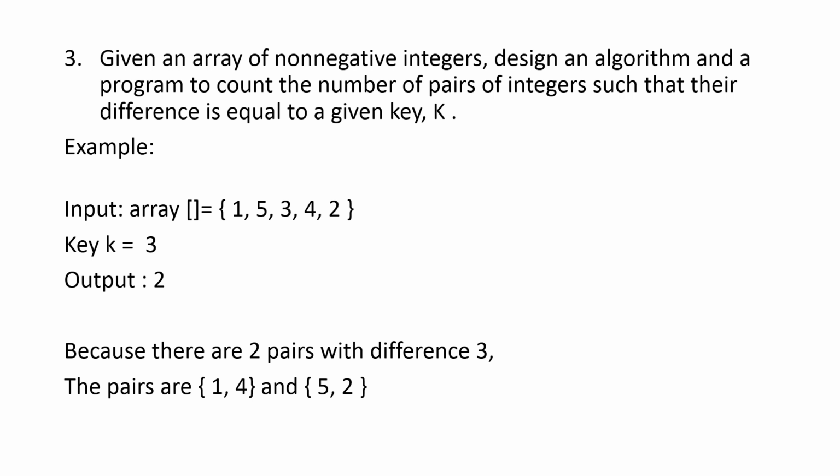So two loops are required. You check all the elements one by one and see whether their difference is equal to key or not. Okay, I think now you can implement. Thank you.